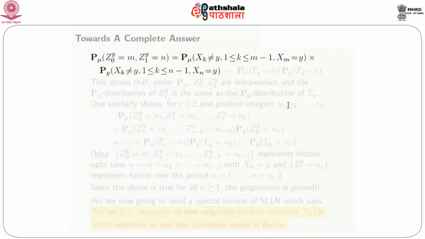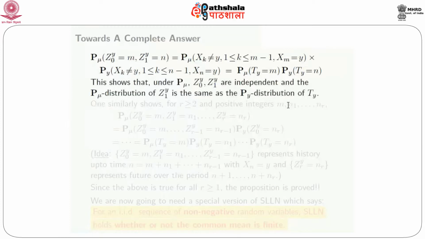So what does that show? That shows that we have been able to write the P_mu probability of this joint event Z_0^y equal to m and Z_1^y equal to n as a product of the P_mu probability that T_y equal to m and the P_y probability that T_y equal to n. This shows that under P_mu, at least these two random variables Z_0^y and Z_1^y are first of all independent, because we have been able to write the joint probability as a product of two probabilities.